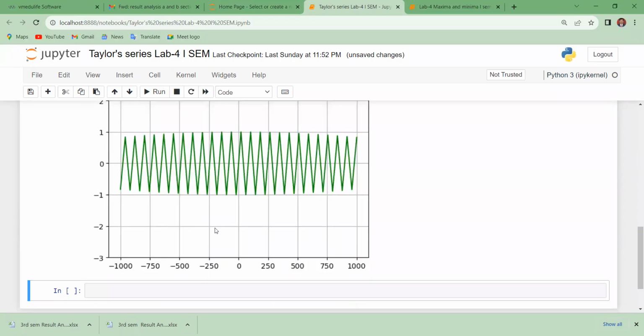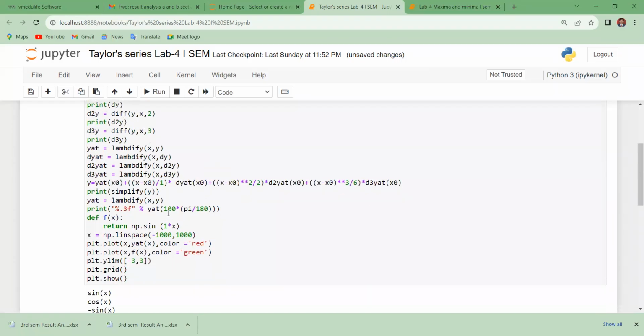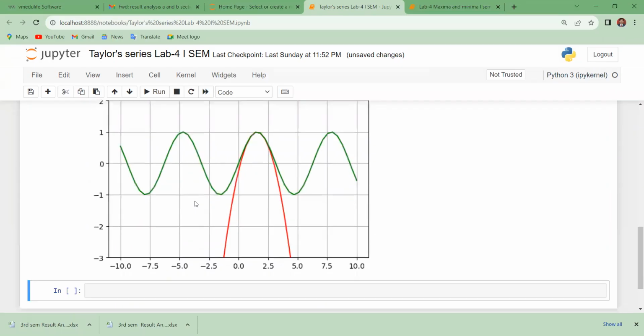So the peak of the curves is going to be very high, so we can't get a smooth curve. That's why we have taken 10 only. Now you can run. So it comes as a smooth curve.